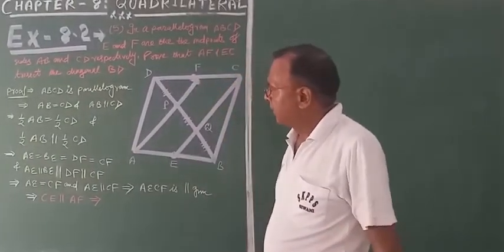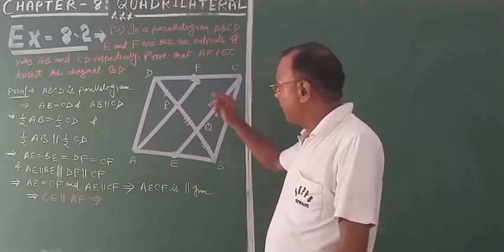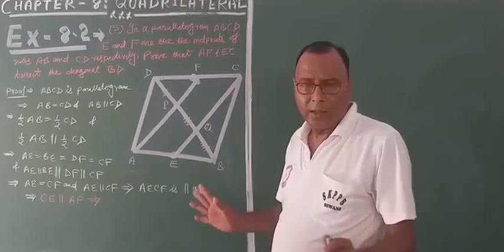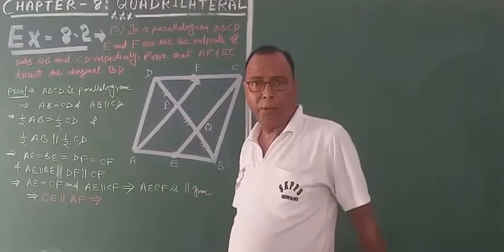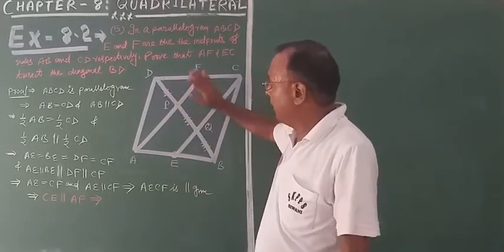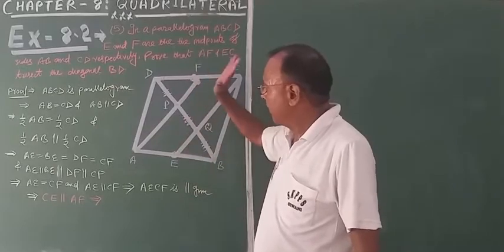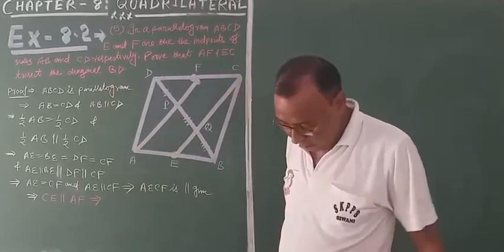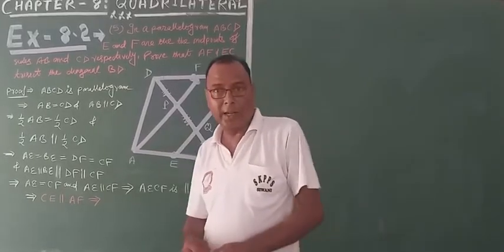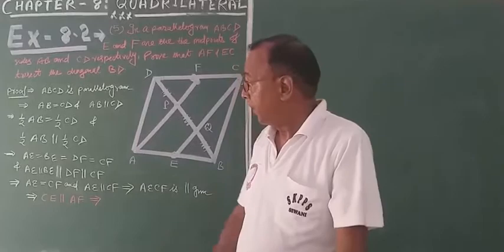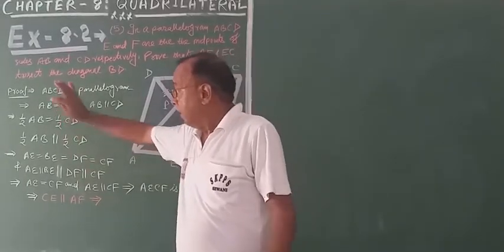Now come to the proof. Since ABCD is a parallelogram, opposite sides will be equal and parallel. Therefore AB is equal to CD and AB is parallel to CD.